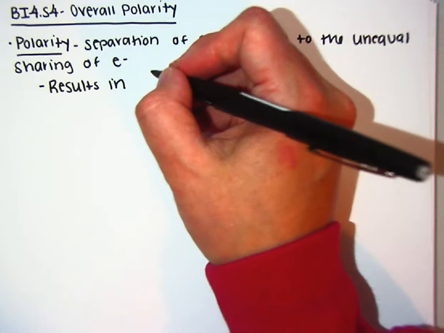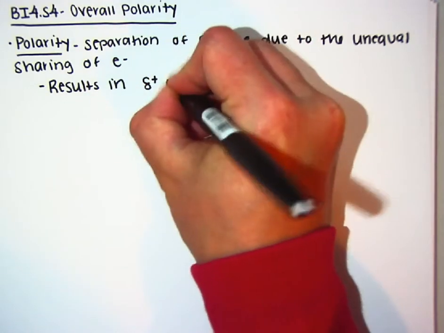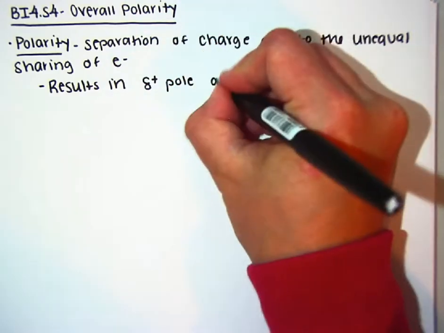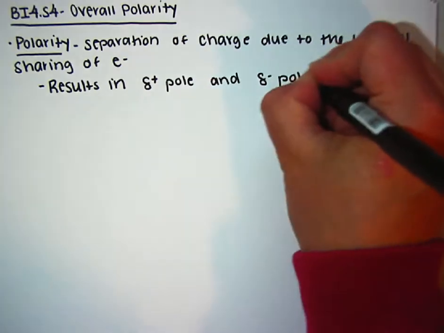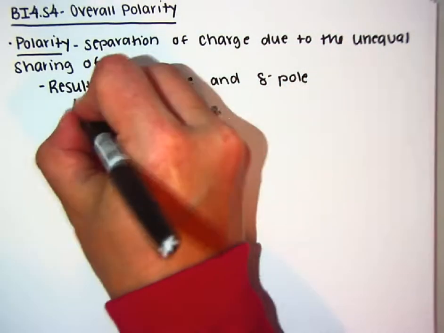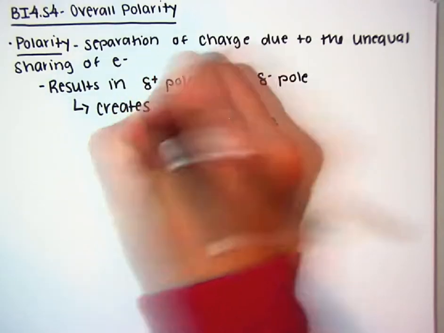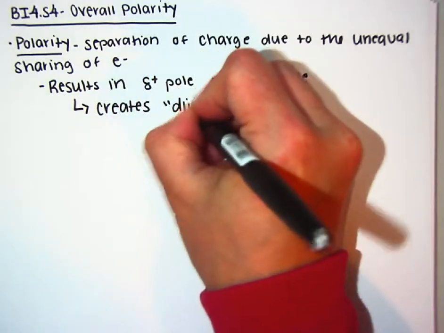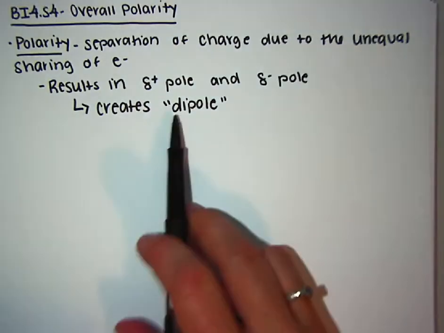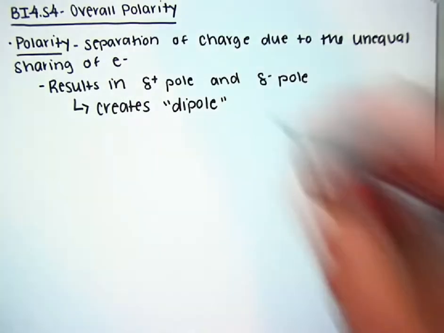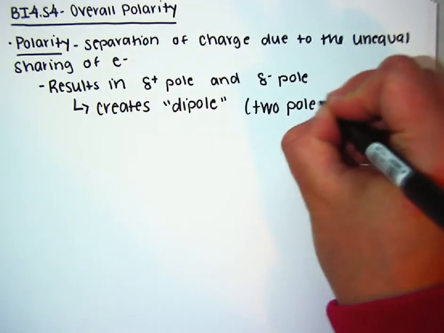We're going to form two poles. It's going to result in a partial positive pole and a partial negative pole. It creates what we call a dipole. That prefix di means two, like carbon dioxide, it has two oxygens. Dipole literally just means two poles.